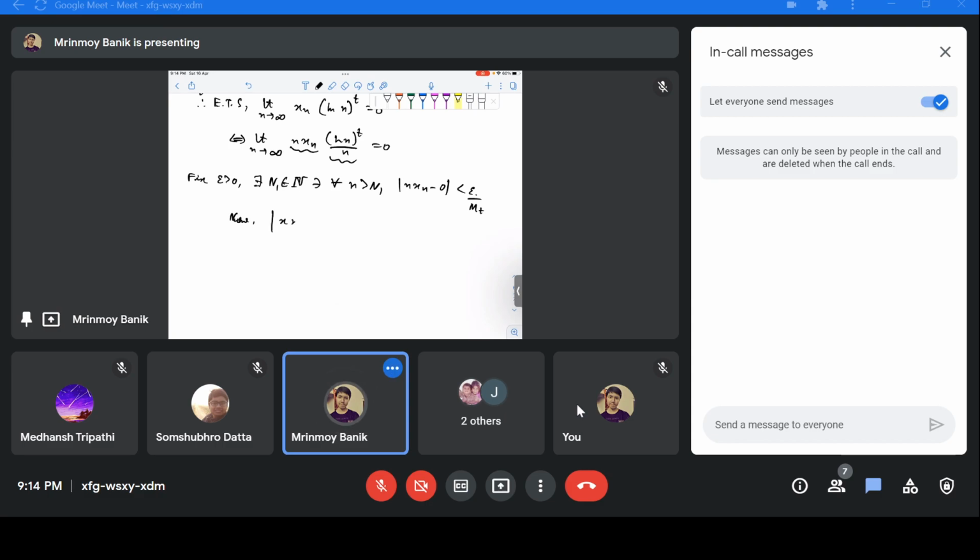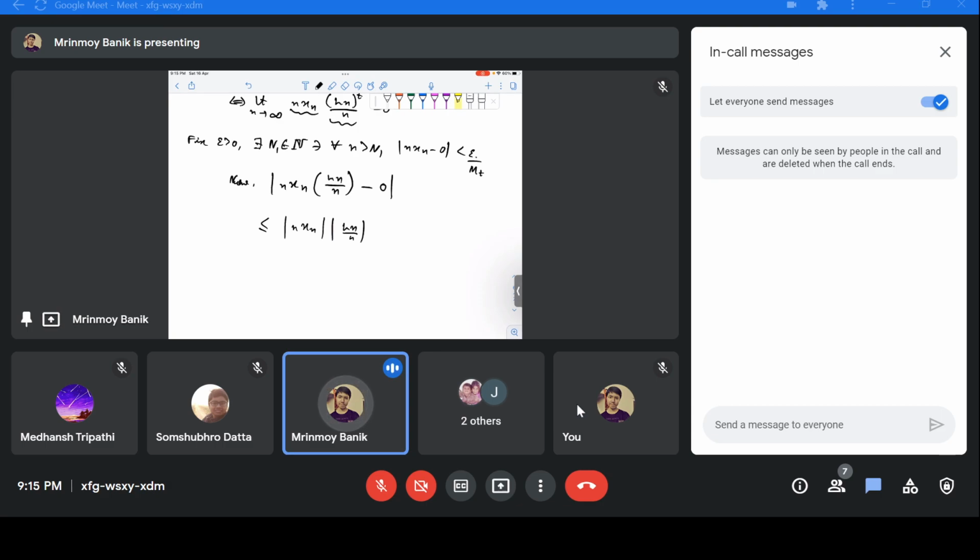Now, the modulus of n xn times (ln n)^t by n minus 0, it's actually equal to n xn times (ln n)^t by n.